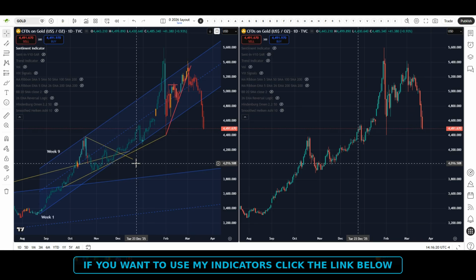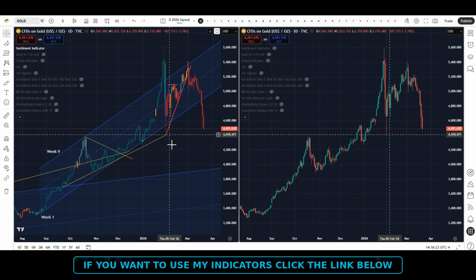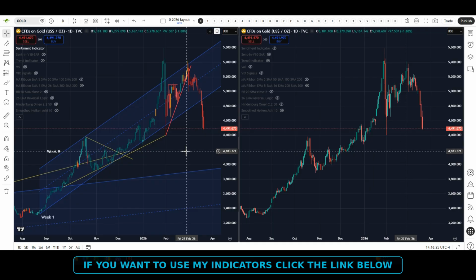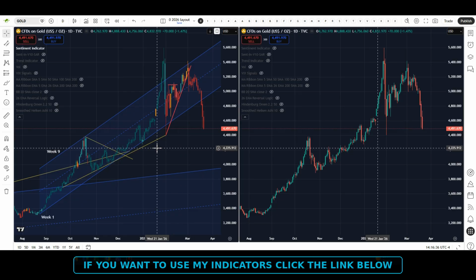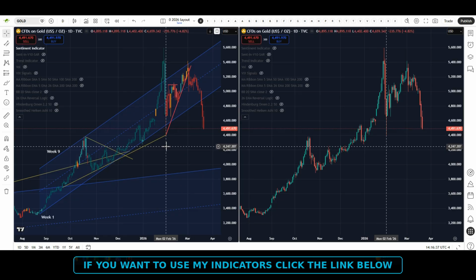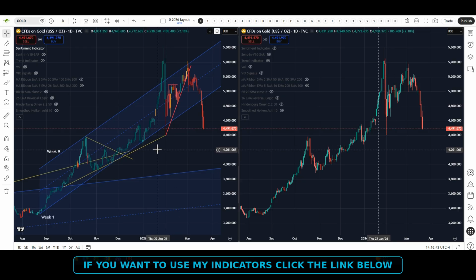So that sentiment, if we look on the left hand side, was bad the entire time. So there was a lot of selling happening on those green candles with people and big money, not retail, big money, getting out of their positions. And obviously it's obvious now, but it was actually obvious with the indicator the entire time.